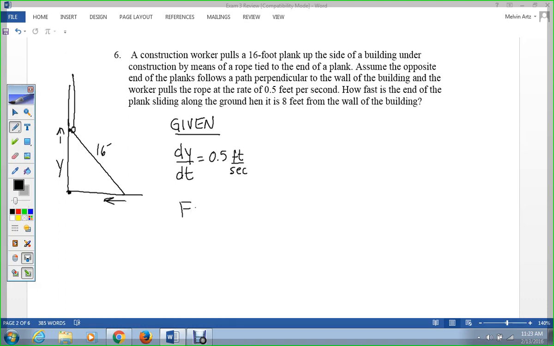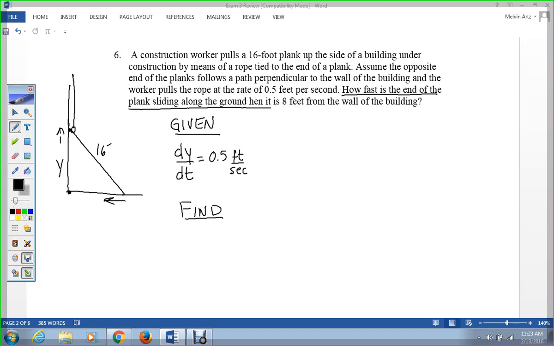What are we trying to find? It says how fast is the end, and here's what we're trying to find. How fast is the end of the plank sliding along the ground when it is 8 feet from the wall?